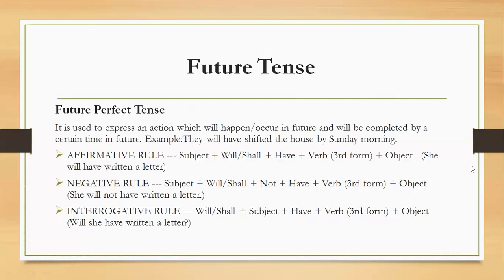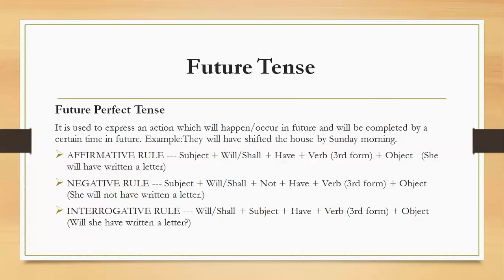Next is future perfect tense. It indicates an action in the future that will have been completed before another time or event in the future. For example, by the time we arrive, he will have studied.